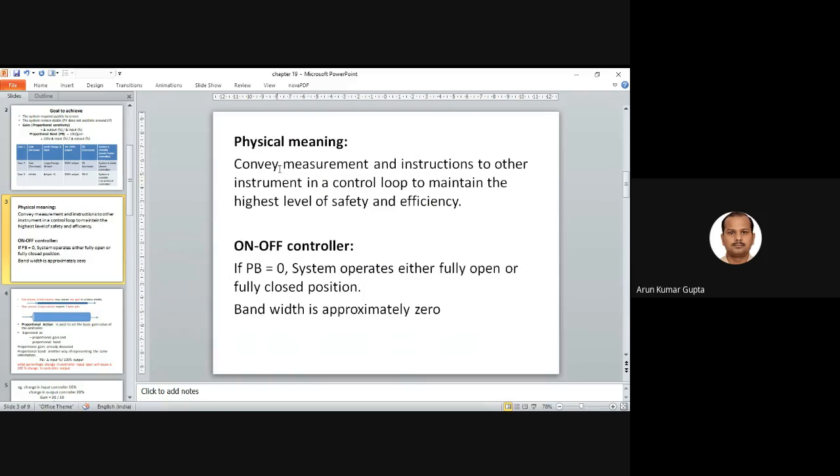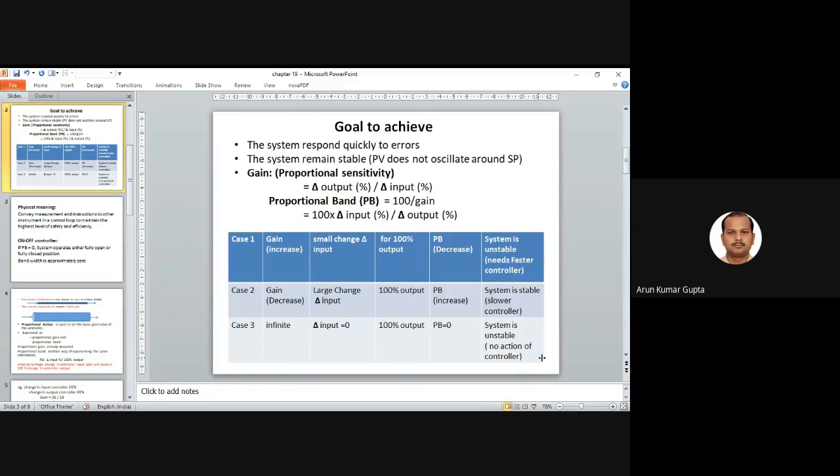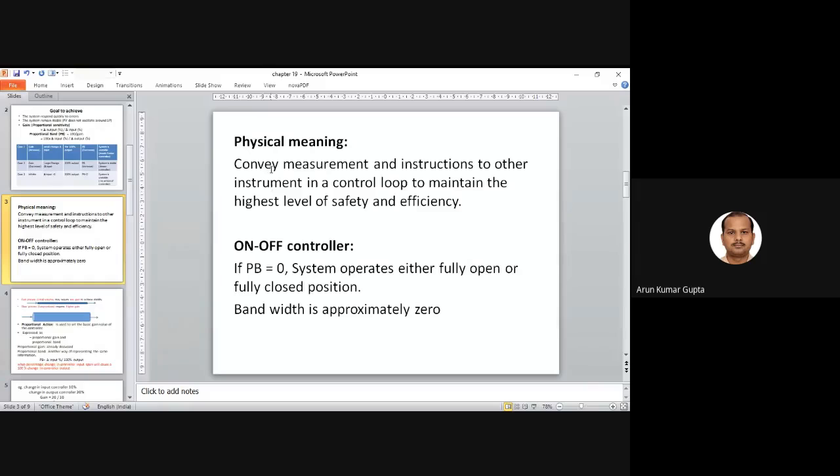Right. So what is the physical meaning of PV equal to 0? You can see that it conveys measurement and instructions to the other instruments in a control loop to maintain the highest levels of safety and efficiency. This is the physical meaning of the gain.